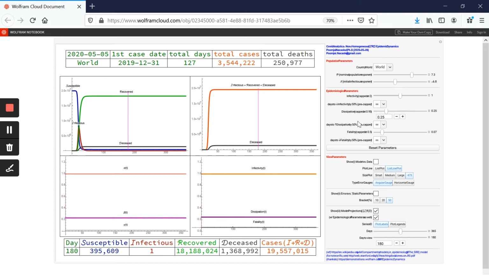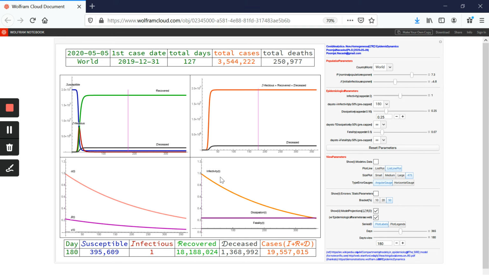This is how long it would take for the health system or the health policy to cut infectivity by half. So if I, for example, click here, say 180, that means it would take 180 days from the beginning of the epidemic to halve the infectivity rate. Okay, so you lower that by half.